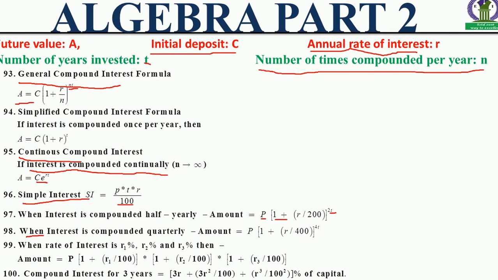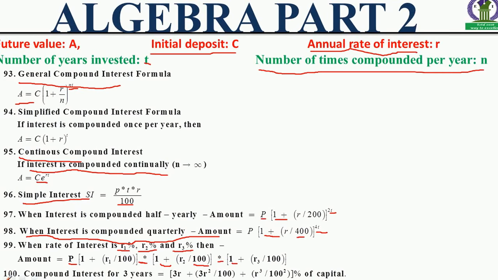When interest is compounded quarterly, amount equals P times (1 plus R upon 400) to the power 4T. When rates of interest are R1, R2, R3, then amount equals P times (1 plus R1 upon 100) into (1 plus R2 upon 100) into (1 plus R3 upon 100).